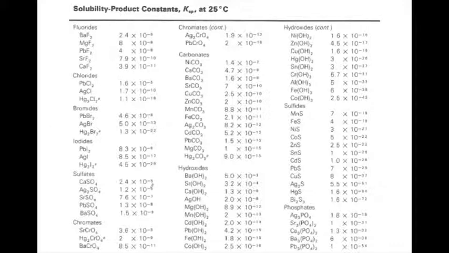And you range from things that are relatively soluble to maybe something like bismuth sulfide with a value of 1.6 times 10 to the minus 72, which is incredibly insoluble. But nonetheless, no matter how insoluble, a very small amount will still dissolve into ions or dissociate into ions when put in water.